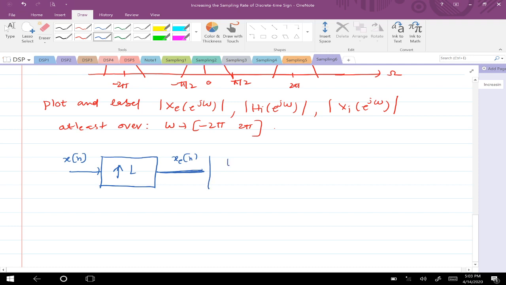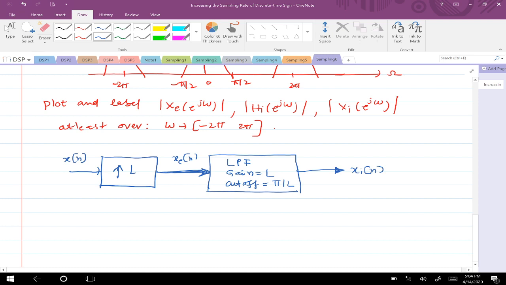To that you do a low pass filtering with a gain of L and a cutoff frequency equal to pi by L, and as a result you are then getting x_i of n.